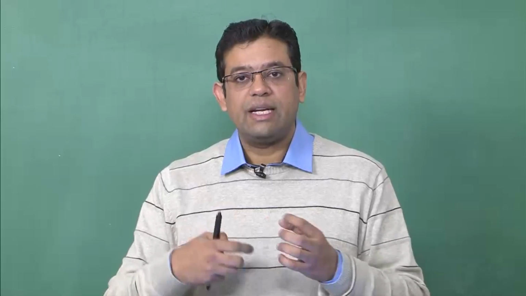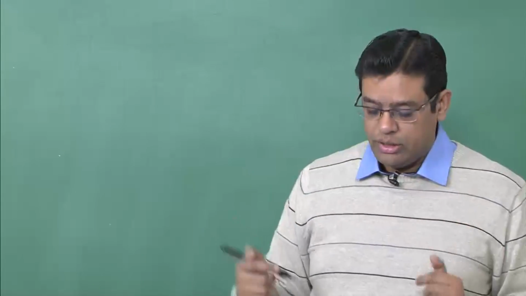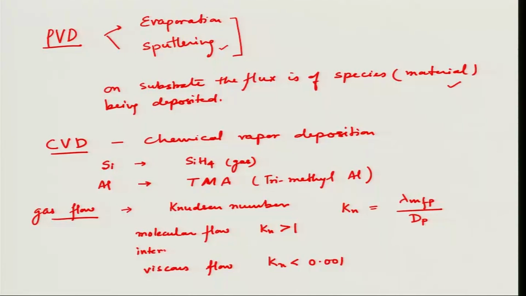So, gas atoms are interacting with each other more than the walls. And there is also an intermediate flow, which lies somewhere between 1 and 0.001.